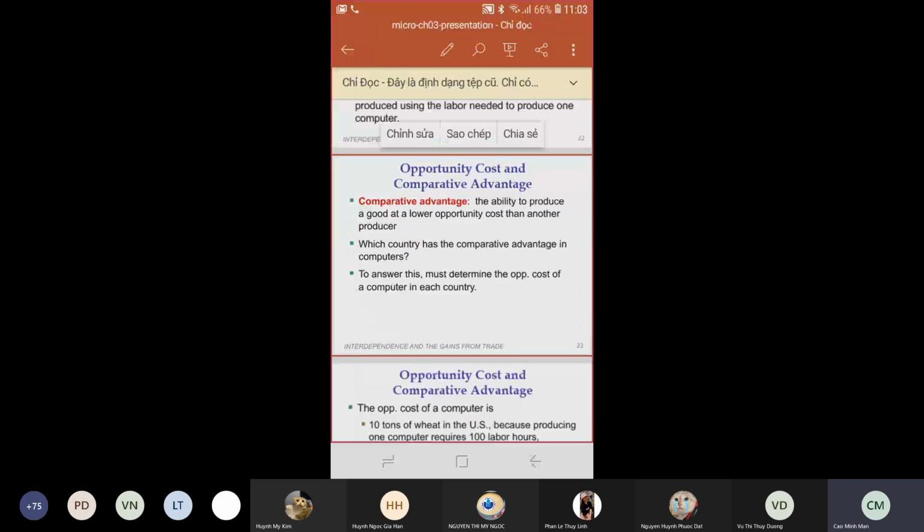A key reason for international trade is competitive advantage. You should remember, please. It's not absolute advantage, even though absolute advantage is one possible reason.